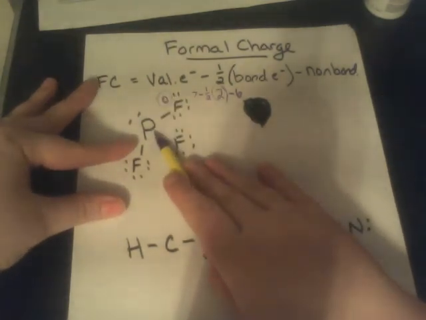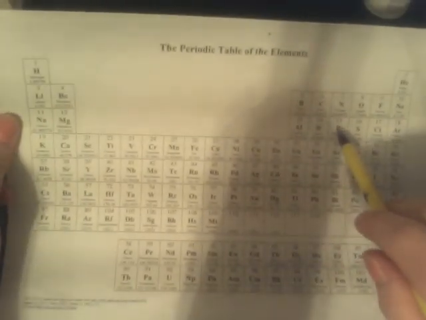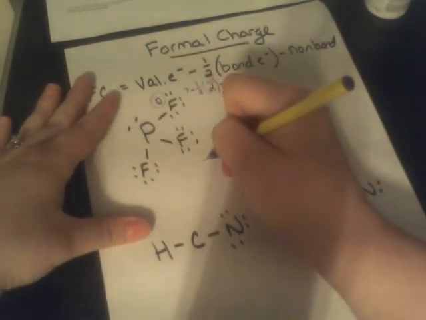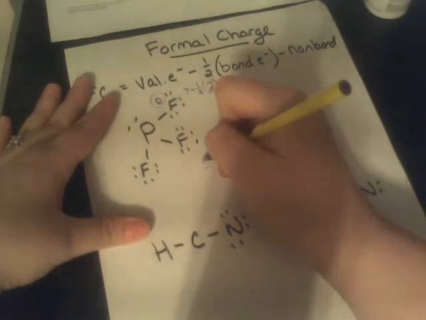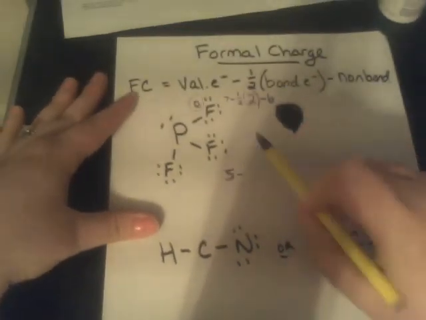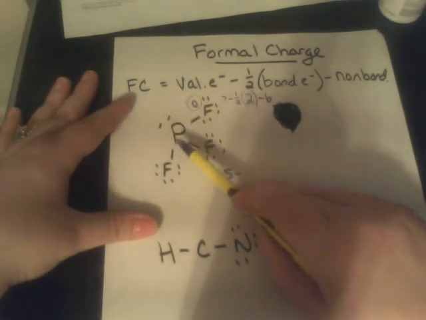How about on phosphorus? Phosphorus has how many valence electrons? Phosphorus is here, so it's 5 valence electrons. So for phosphorus we have a 5 minus how many bonding are around it? 1, 2, 3, 4, 5, 6.